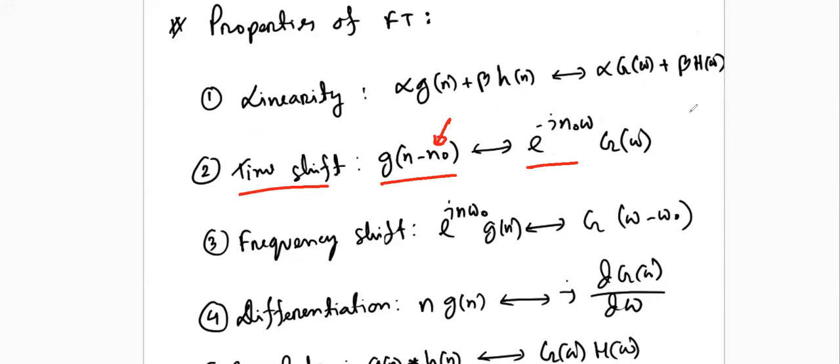As I have already mentioned, if you have a delta function in the time domain, let's say delta n, with n equals 0, what is the value of delta omega? Delta omega is equal to 1. That means you have all the frequency components in the frequency domain. It looks like this.